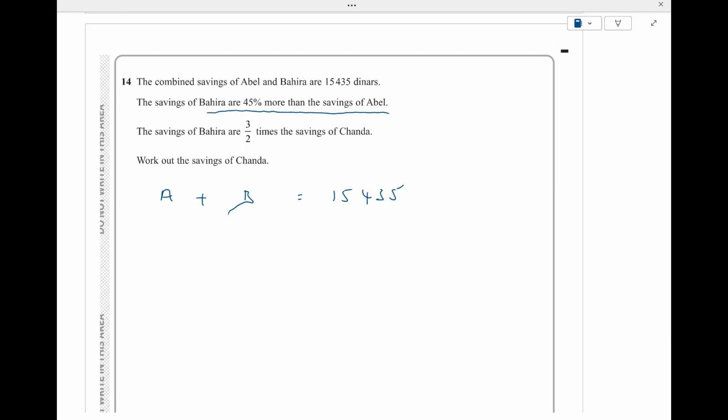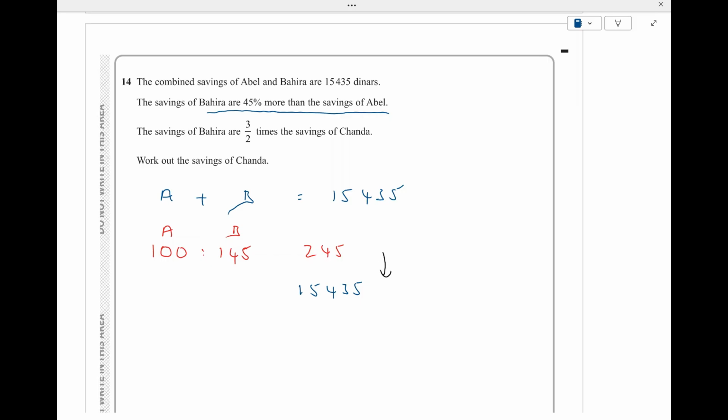So if we say that the ratio of A to B is going to be 100 to 145, because then B has got 45% more than A. So that's the ratio there, and that adds up to 245. And in real life, we haven't got 245 dinar, we've got that many dinar.